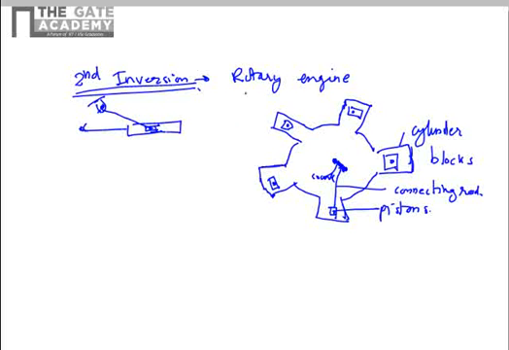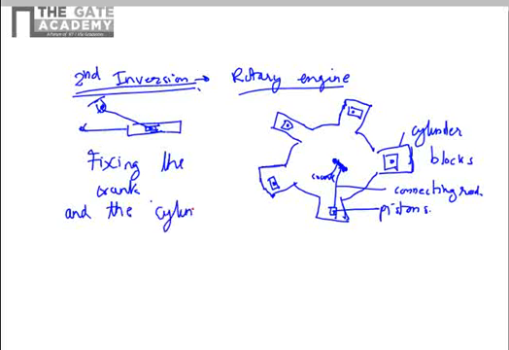So in the case of the rotary engine, what happens is that you are fixing the crank, and the cylinder block assembly rotates.